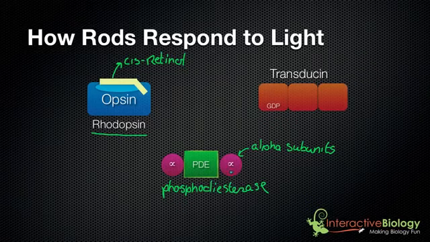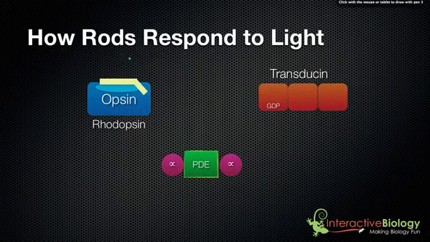Keep that in mind as we go through this process. So this process all starts with light, and we're going to take one photon of light, and let's say a photon of light comes in and strikes rhodopsin. So this right here is light, and it comes in and it strikes rhodopsin.